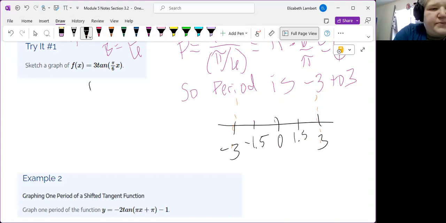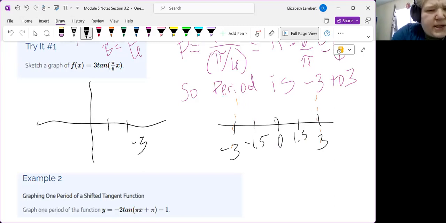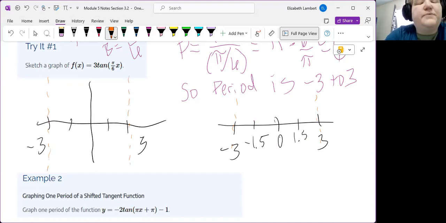A little being a relative term since my handwriting is so bad. Also, negatives are still on the left. Okay, so sketch, sketch, sketch.